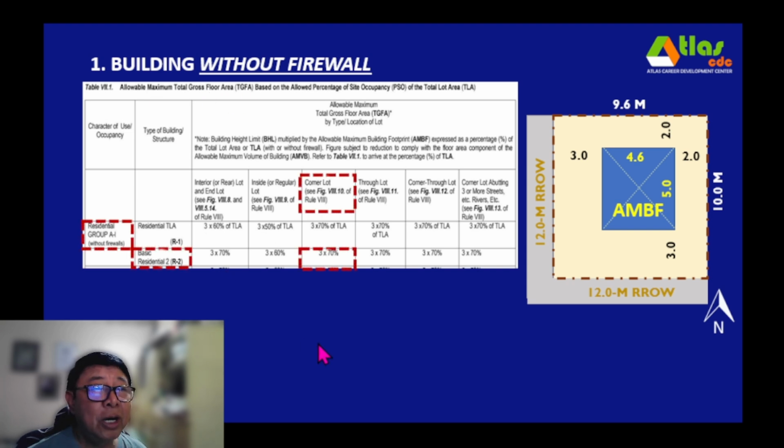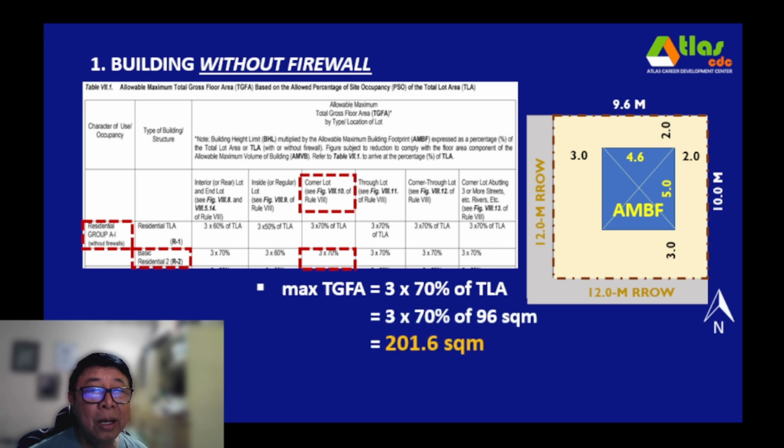So for basic R2, that is without firewall, for a corner lot, the value here is 3 by 70%, wherein 3 represents the building height limit or the number of floors, and 70% represents the allowable maximum building footprint that is expressed as a percentage of the total lot area. So we only have to make use of that value, 3 by 70% of the TLA, which is 96 square meters, which will give you a value for the max TGFA of 201.6 square meters.